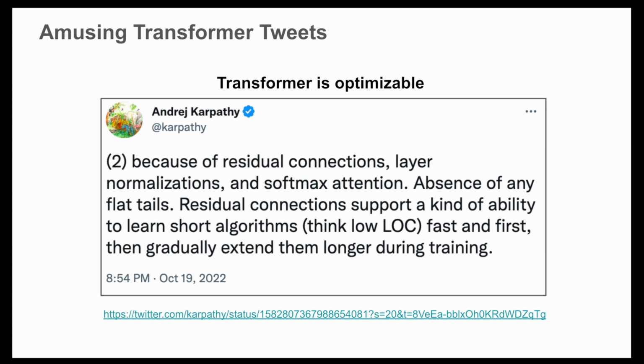Absence of any flat tail, nothing complicated in transformers, just no flat tail. Residual connections support a kind of ability to learn short algorithms fast and first, then gradually extend them longer during training. I think this might be connected to where we saw the residual connection carry position information to higher layers.